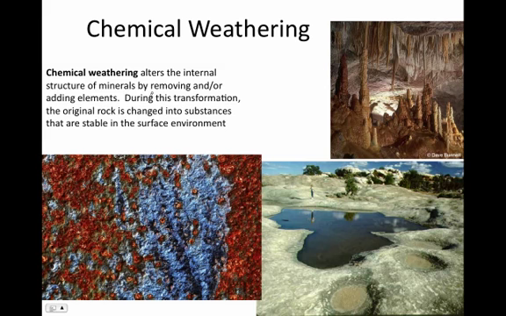Chemical weathering alters the structure of the minerals, and during this a whole different color change occurs. Stalagmites and stalactites are examples of chemical weathering that is occurring inside caves. Oxidation colored these rocks.